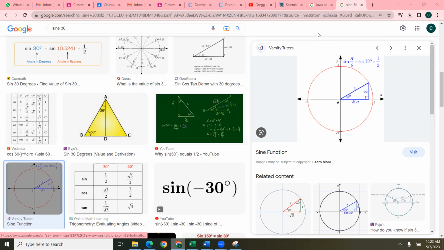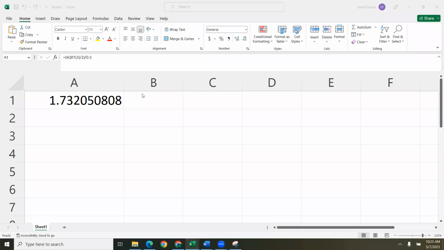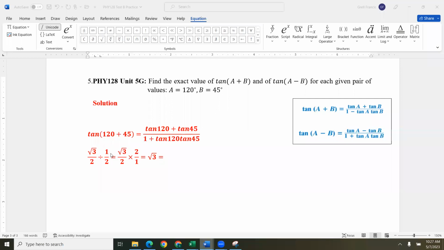Let's check it out. And as you can clearly see, the square root of 3 divided by 2 divided by 1/2 is 1.732. So let us simplify √3 over 2 divided by a half. That is equal to root 3 over 2 times 2 over 1, that's root 3.